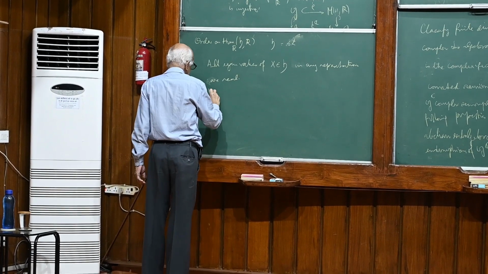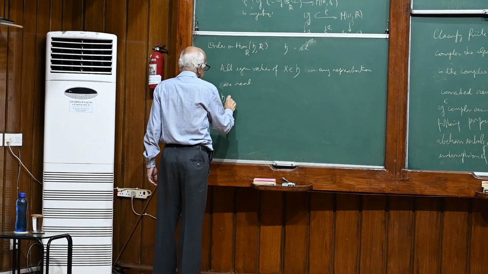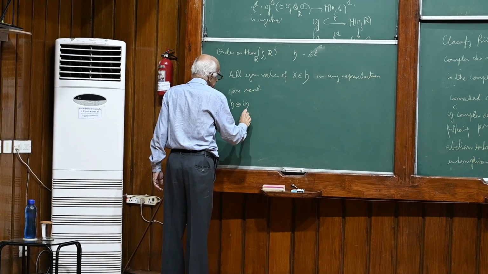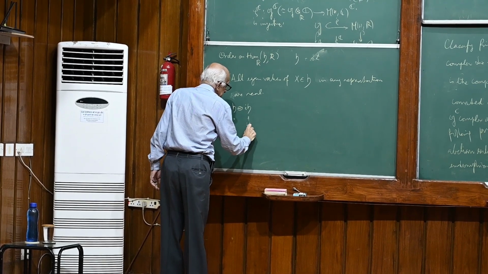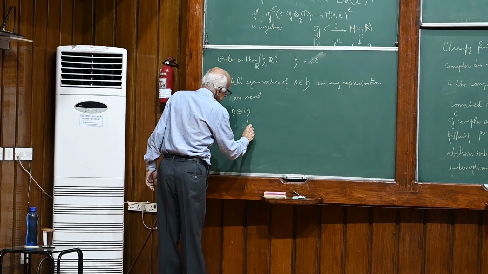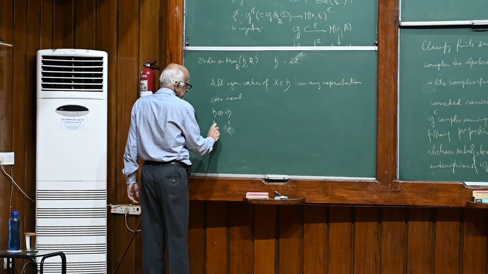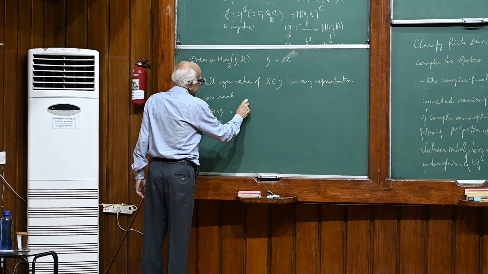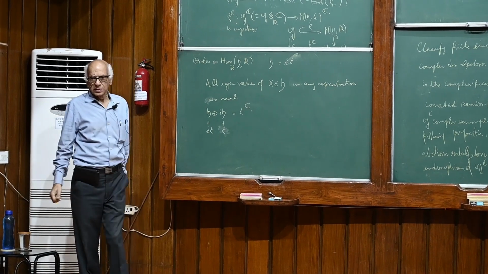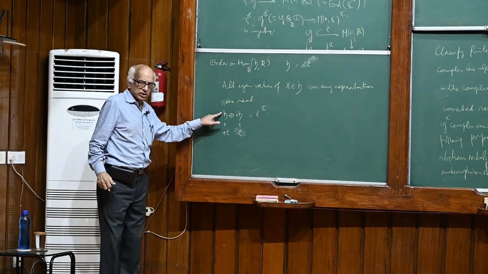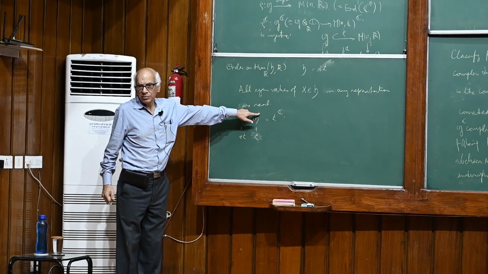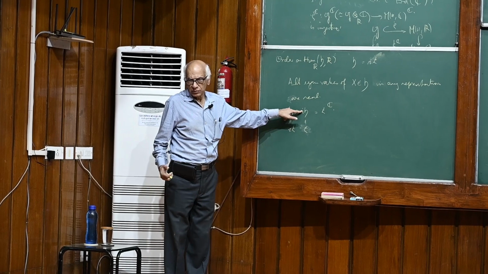Now it's clear that H plus iH is nothing but T_C. Every real linear form on H obviously extends to a complex linear form on H plus iH.